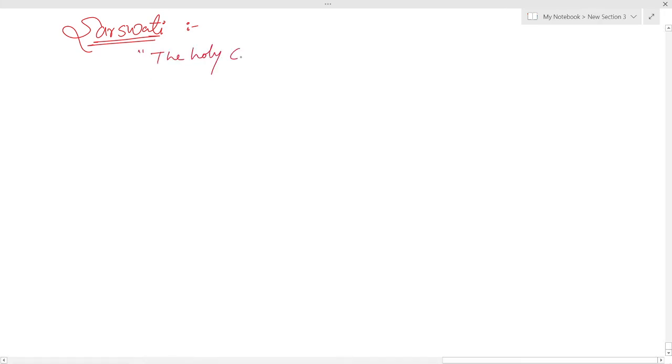So, the Holy Circuit of Nimsar and the temple complex of Goa and Kashi.